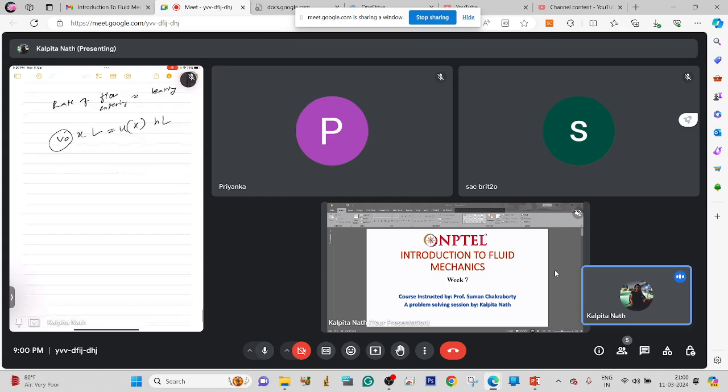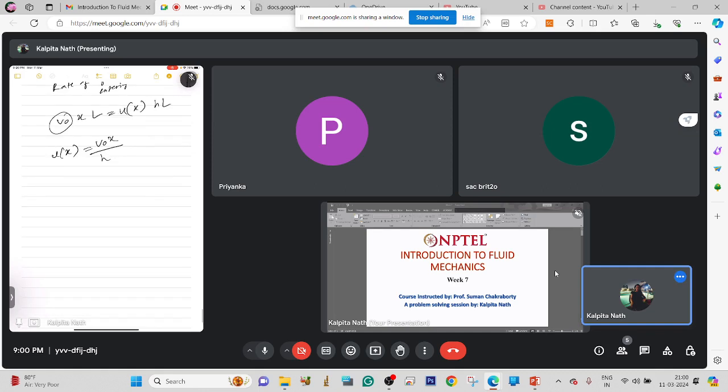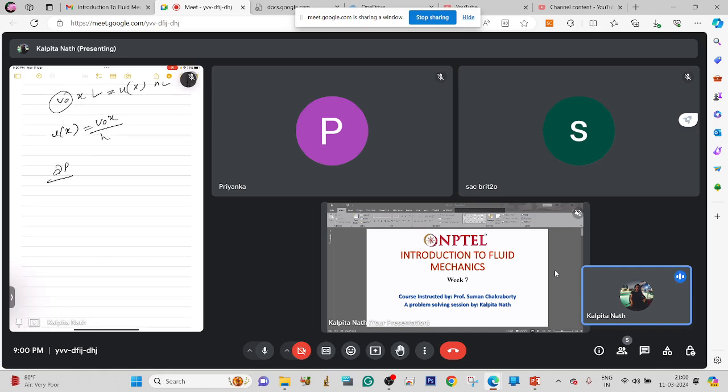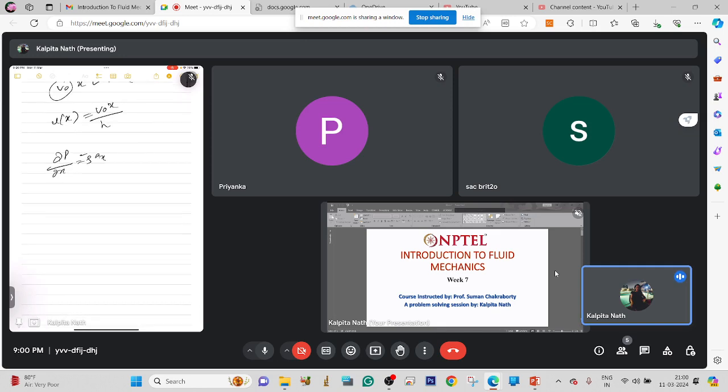Now, as in the class also you have seen, u(x) will be V naught x upon h. Now, from the Euler equation, we know that del P del x is equal to minus density into acceleration. If we apply the continuity equation, A1 V1 is equal to density 2 into A2 V2, density will cancel out, which is valid obviously when the flow is steady.